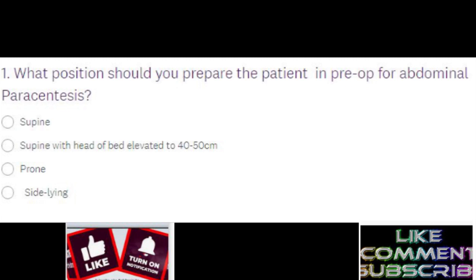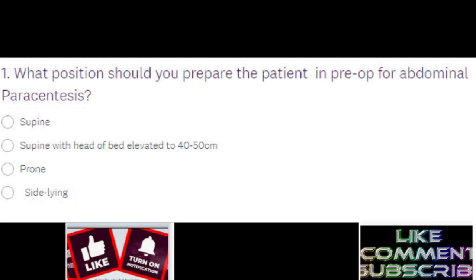For those who want to know what abdominal paracentesis is, let me give a short note. It is a simple bedside or clinic procedure in which a needle is inserted into the peritoneal cavity and ascitic fluid is removed. Diagnostic paracentesis refers to the removal of a small quantity of fluid for testing purposes.